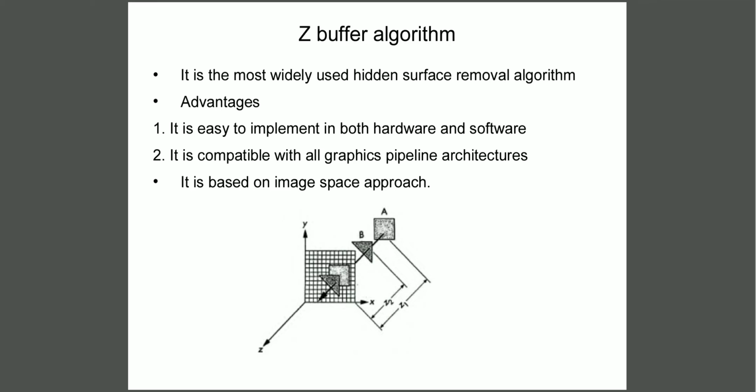a triangle, because the triangle is nearer to the center of projection or to a viewer, but the rectangle is far away. So whenever we are trying to update the z coordinate value of a rectangle in a pixel, we are not able to update because the pixel already contains a smaller z coordinate value, that of a triangle.